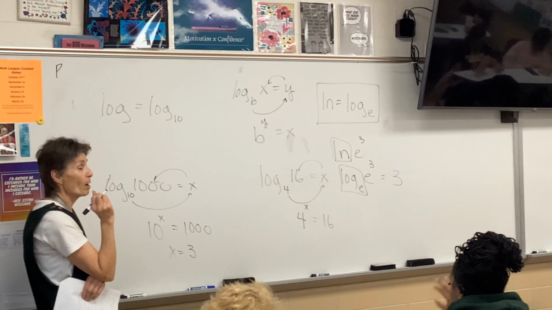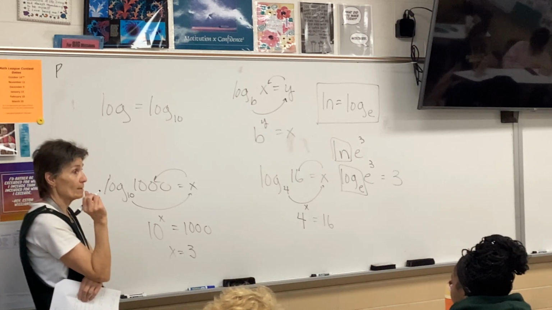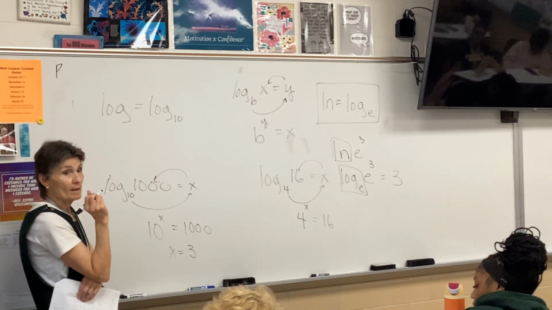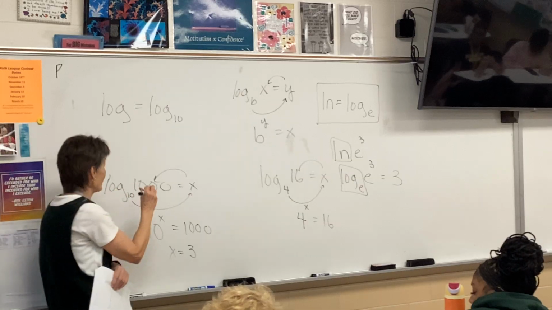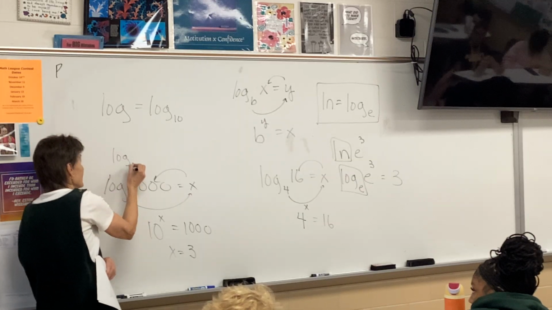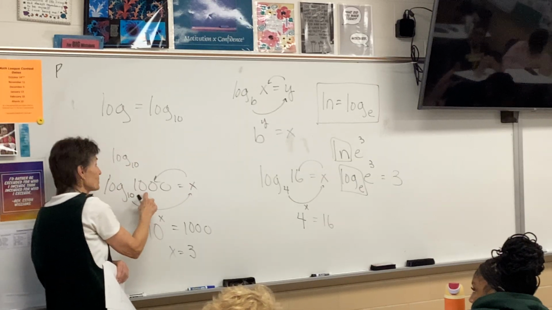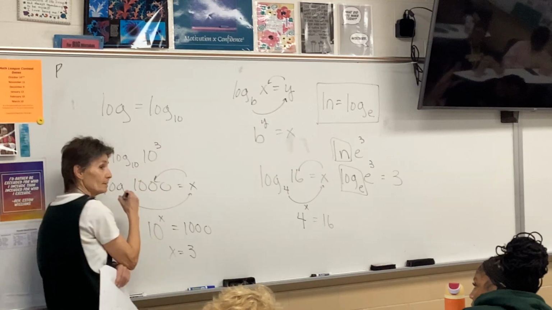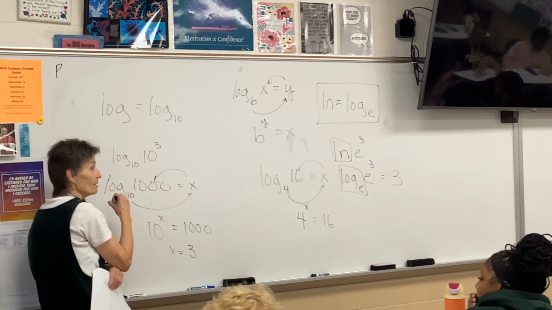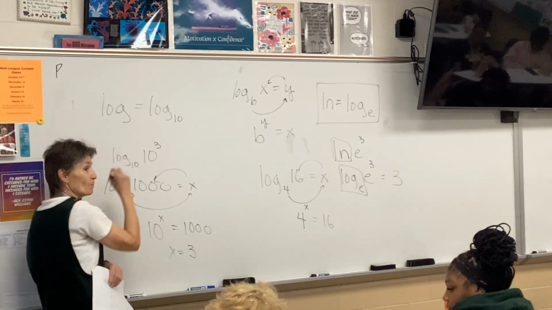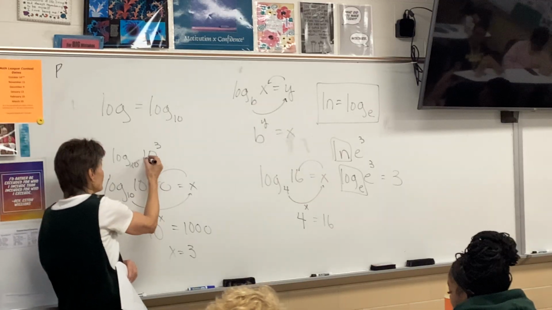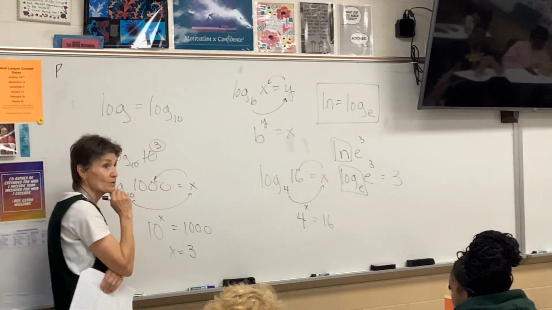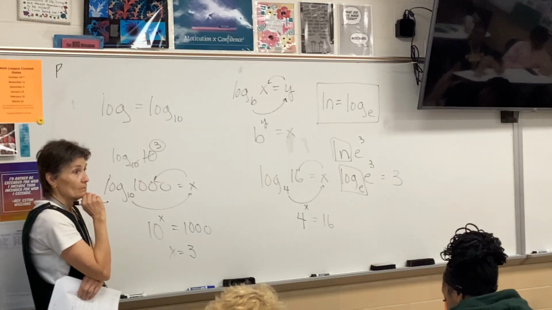The answer to the problem is 3. Another way you could have thought about it is, if you know that 1,000 is 10 cubed, I erased it up here, but remember the first property I wrote said if these two numbers match, that's your answer? You can do it either way.